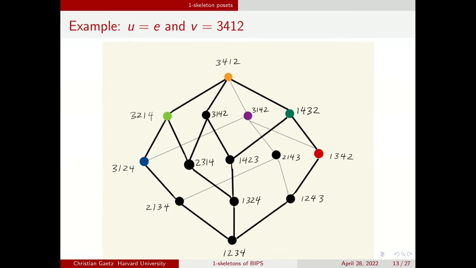Okay, let me show you a picture. So this is a case where U is the identity permutation at the bottom, and V is this permutation 3, 4, 1, 2. If you view the bolded black edges in the foreground and the gray ones in the background, you should be able to see this as a three-dimensional polytope. But I'm also doing this just as a partially ordered set.